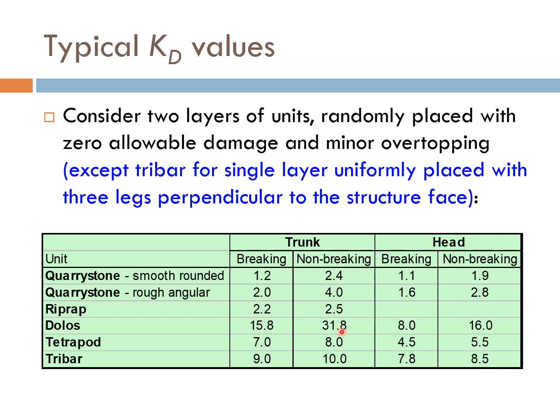Based on this table, we notice that if the armor unit is subjected to breaking wave conditions, then the stability is lower. If we compare quarry stone, which is smooth and rough, a smooth quarry stone will have a lower stability number compared to a rough quarry stone. Precast armor units like dolos, tetrapod, and tri-bar generally have much higher stability numbers.